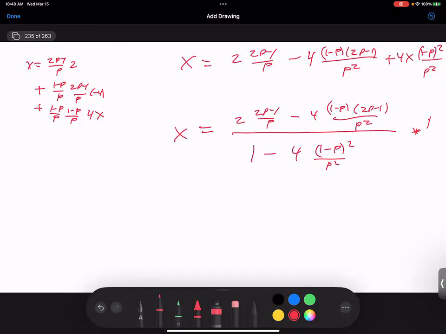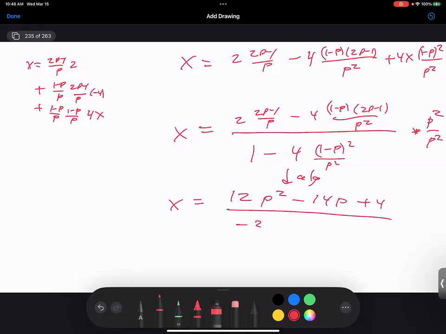And then let's multiply by p squared over p squared to clear denominators. And if you just do the algebra, oh good, I did remember my glasses so I can actually see it. So when the dust settles, I end up getting (12p squared minus 14p plus 4) over (negative 3p squared plus 8p minus 4). So that's what I end up getting.